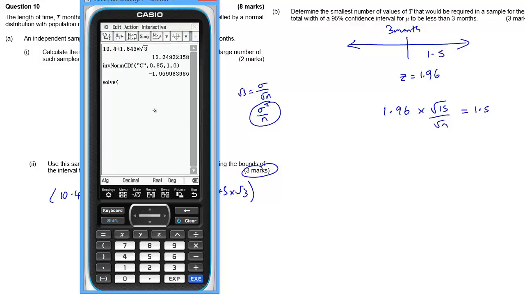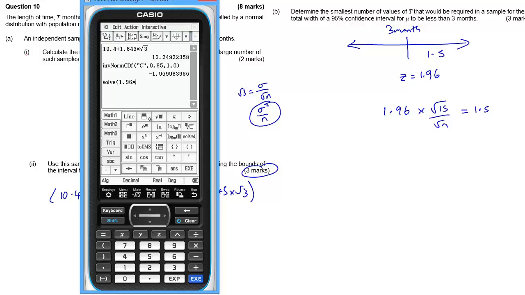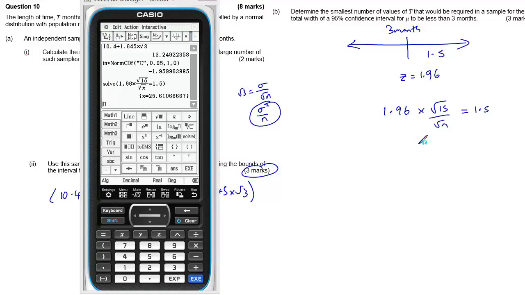So let's just solve 1.96 times the square root of 15 over the square root of x equals 1.5. That will give me 25.6. And of course we'll have to go upwards, because at 25 the width would be slightly more than this, so n is 26.